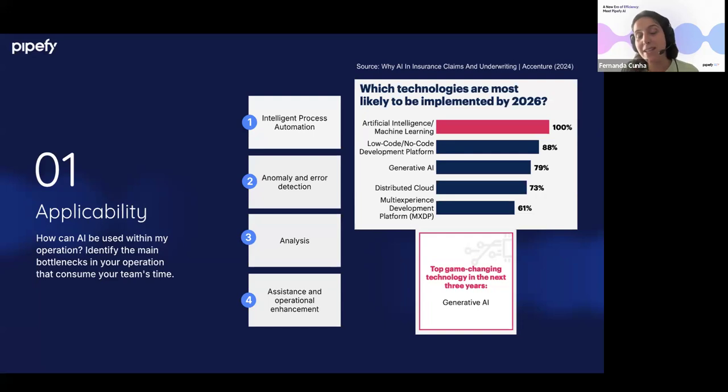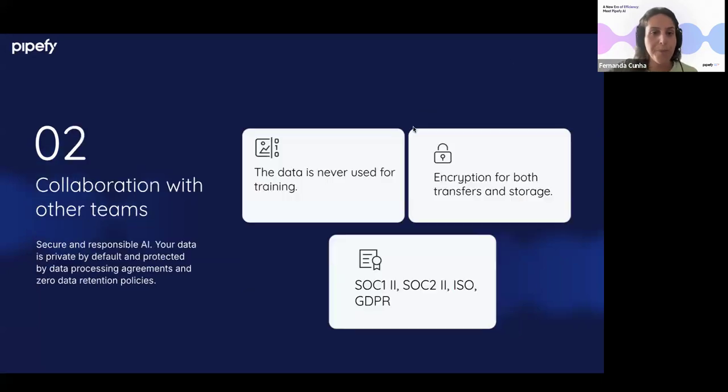And in second place, at 88%, we have low code to no code development platforms, right? So if you put those two together, you get Pipefy, right? You get AI and a low code to no code platform, right? So this is how we can see the market and the technology changing in these next few years.